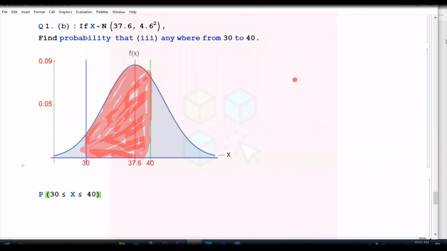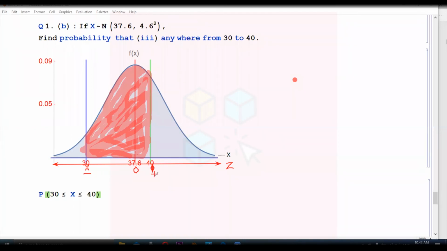These are the 2 points on the Z scale, corresponding to 30 here and to 40 here. 30 must be negative because 0 is in the center, so the corresponding value of 30 must be negative, and the corresponding value of 40 must be positive.